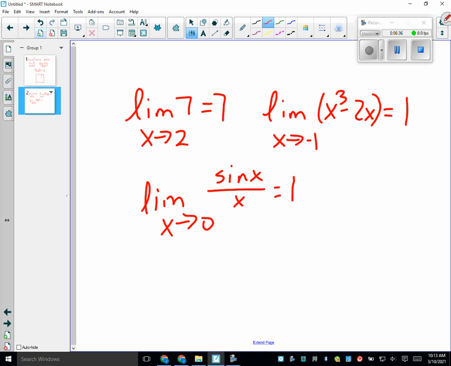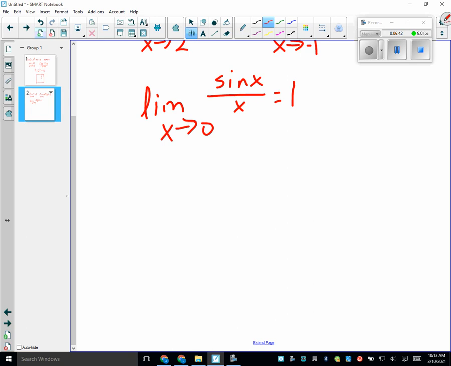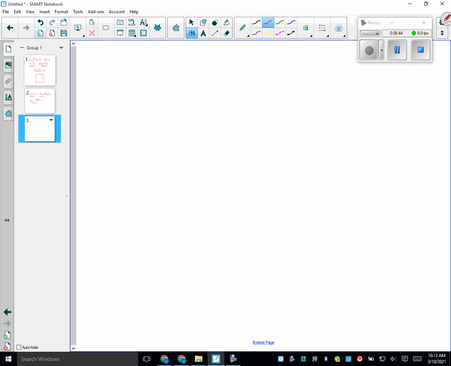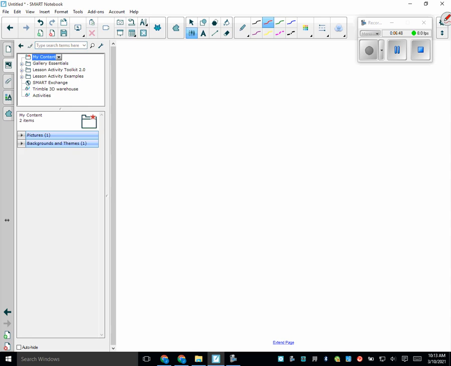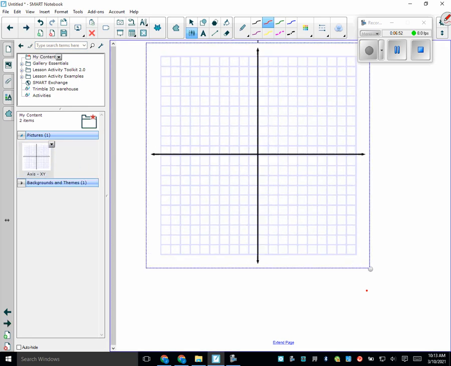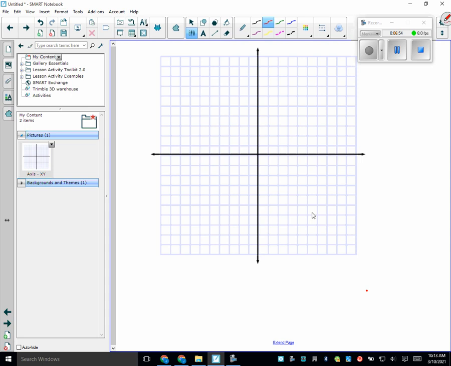Okay? How about a graph? Do you remember how to do a limit from a graph? How about you look at a graph and decide? You remember this?